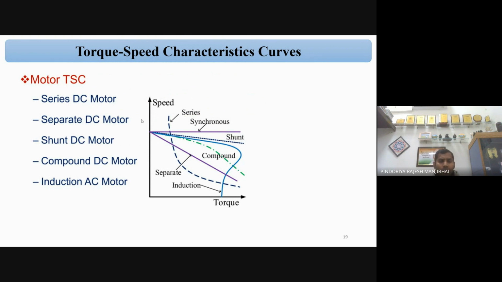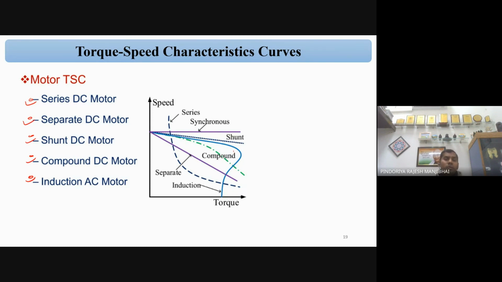And motor torque-speed characteristics: we already studied different types of motor characteristics in the first semester. In the second unit, there is DC motor operation, so the modeling of the DC motor. There is a series DC machine, separately excited DC machine, shunt machine, compound machine, and induction AC machine. You can see that we compare all types of motor characteristics in a single plot, correct? I'm not going to repeat the same characteristics again because we already discussed them in the first semester.